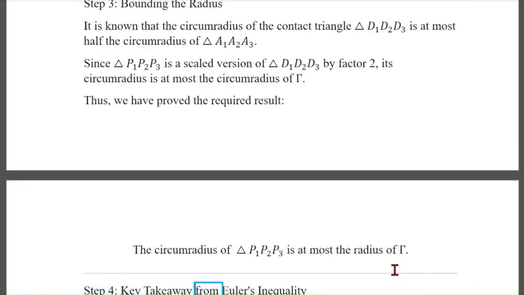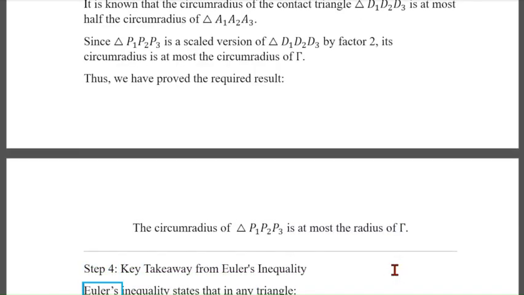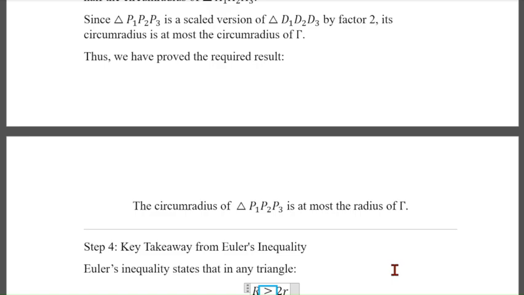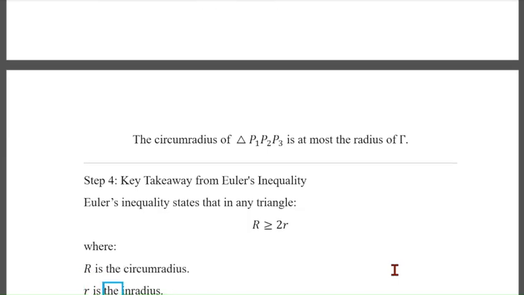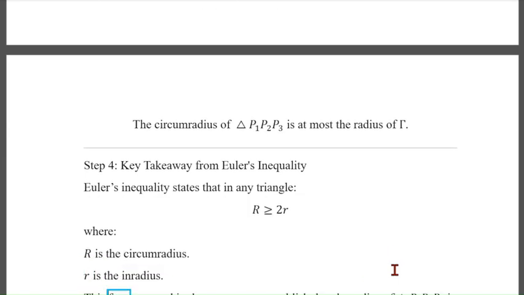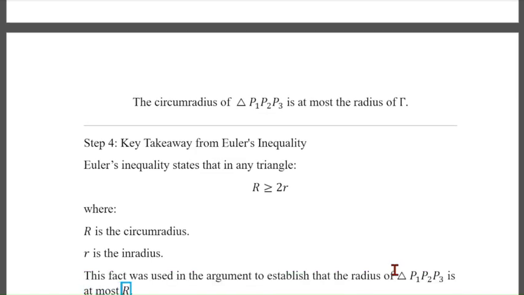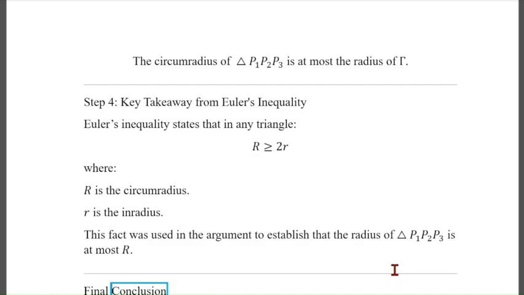Key takeaway from Euler's inequality. Euler's inequality states that in any triangle, R ≥ 2r, where R is the circumradius and r is the inradius. This fact was used in the argument to establish that the radius of P_1, P_2, P_3 is at most R. Final conclusion.